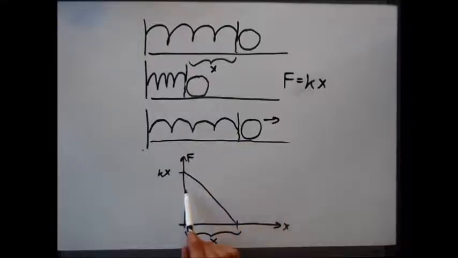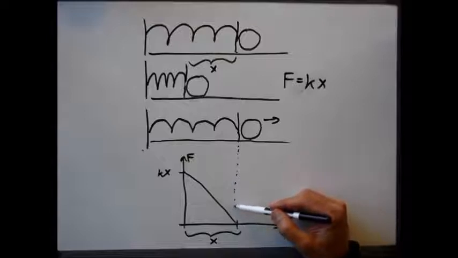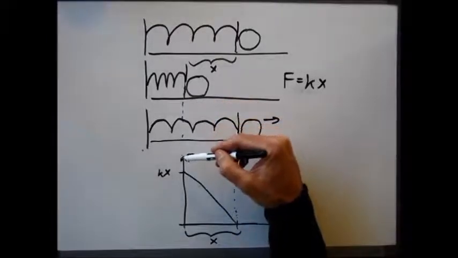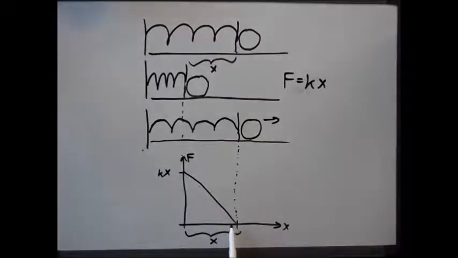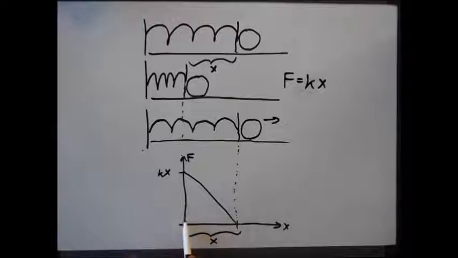If we're interested in the force that the spring is applying as a graph versus distance, I tried to make it look like this. So here's this position, and here's the compressed position. When the spring's been fully compressed, the force it applies is kx, and so that's here on my graph.